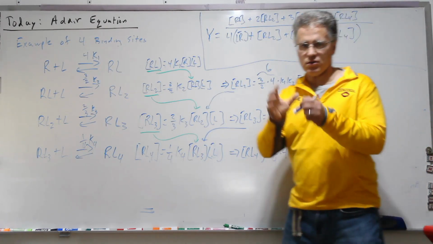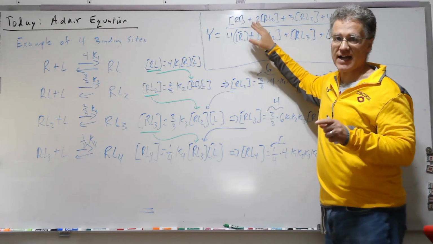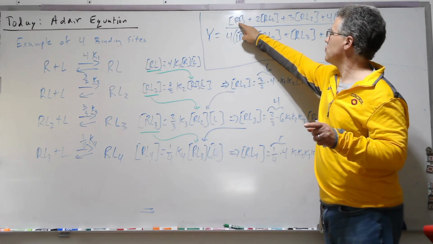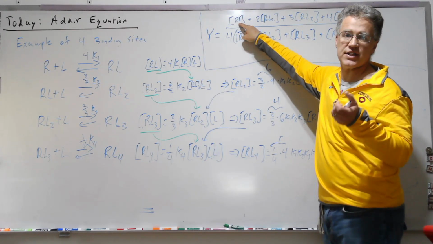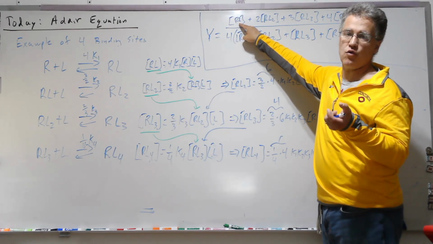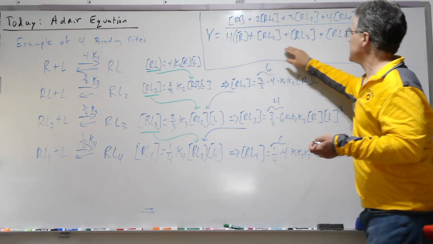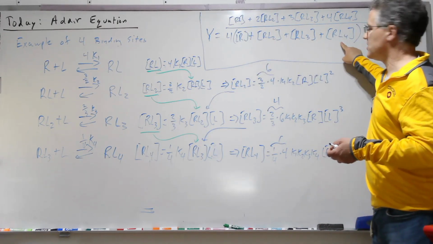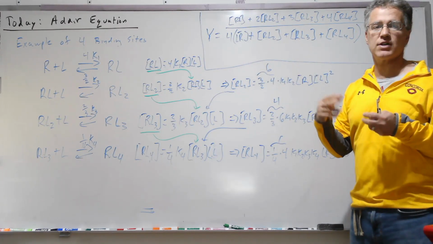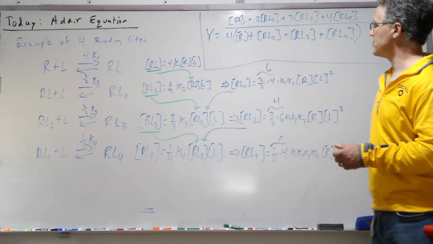Each individual protein, for example, has 4 sites, and we want the fraction of bound sites. So the concentration of RL is going to tell us, it's going to be related to how many times 1 of the 4 is bound. And here, this will be how many times 2 of the 4 is bound, and so on. And then down here, all of these, this is just all the possible sites. So it doesn't matter if a ligand is bound or not, we're counting it. And so that's where we get that factor of 4 in front of everything.